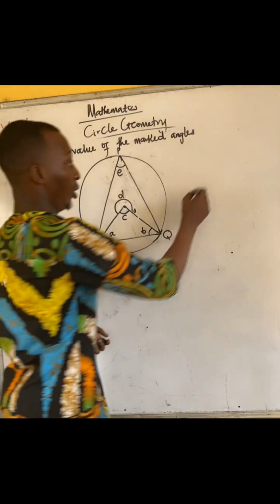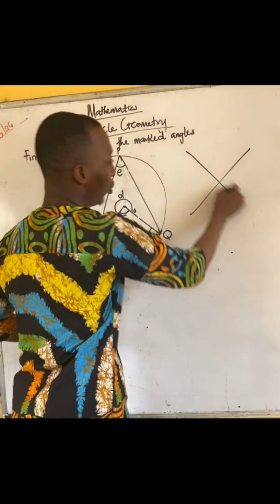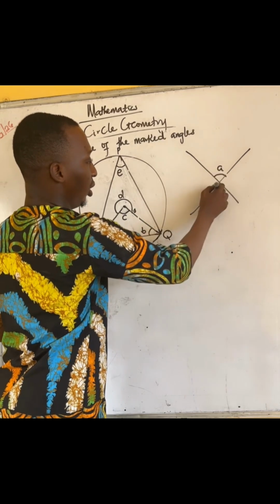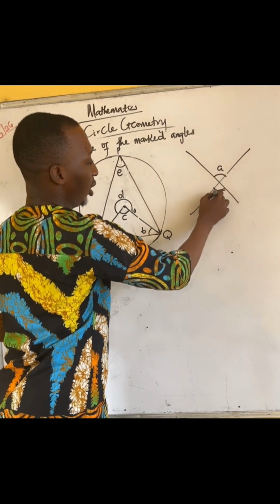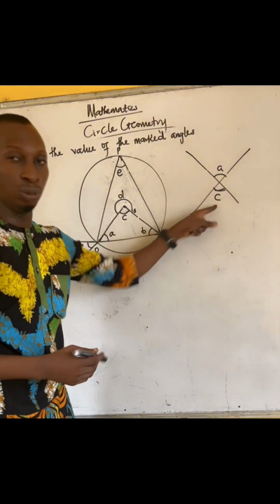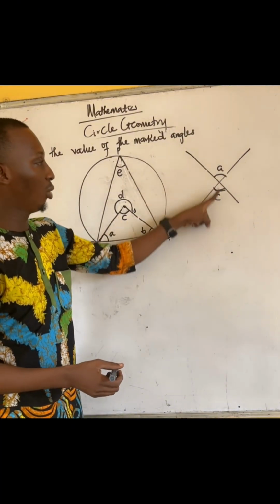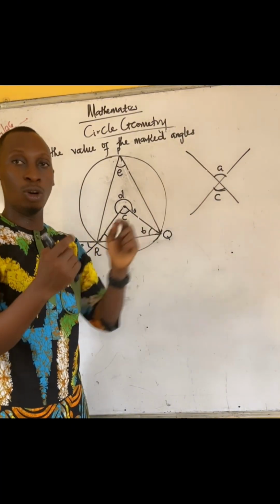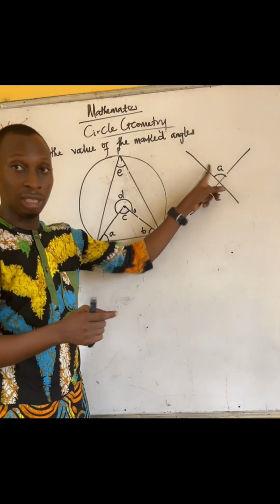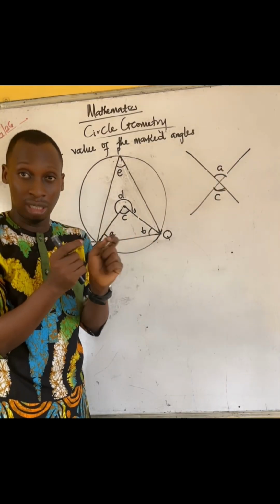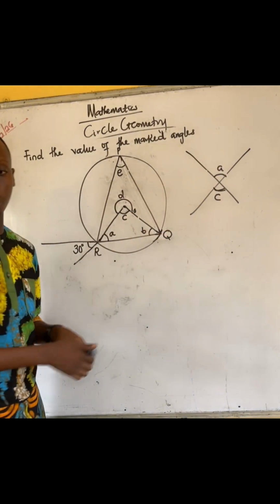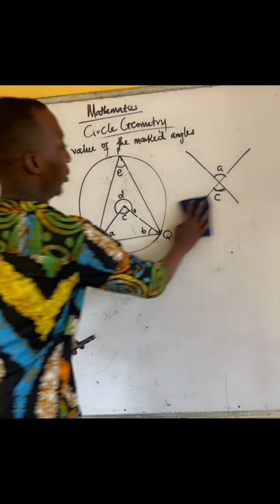Rule of angles. Whenever you have 2 angles, let me assume this is angle A, this one is angle C. Do you know that angle A is equal to angle C? Why? Because the 2 angles are vertical and opposite. And the rule says angles that are vertical and opposite are equal to each other. Now, if I decide to transform this idea into solving this problem, let's see what we have.